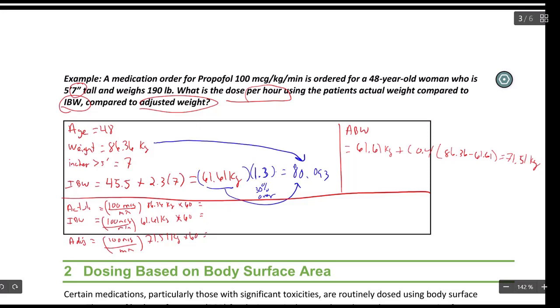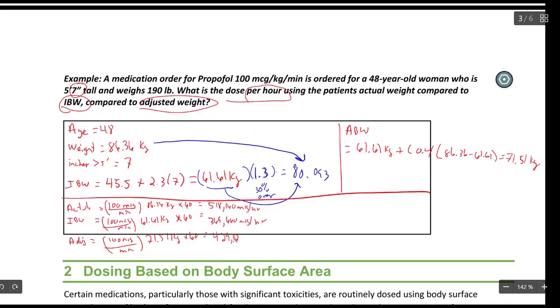So when you do get these out, I'm going to convert them to milligrams. So you're going to get 518,160 micrograms per hour. This one is going to be 369,660 micrograms per hour. And this is about 429,060 micrograms per hour.